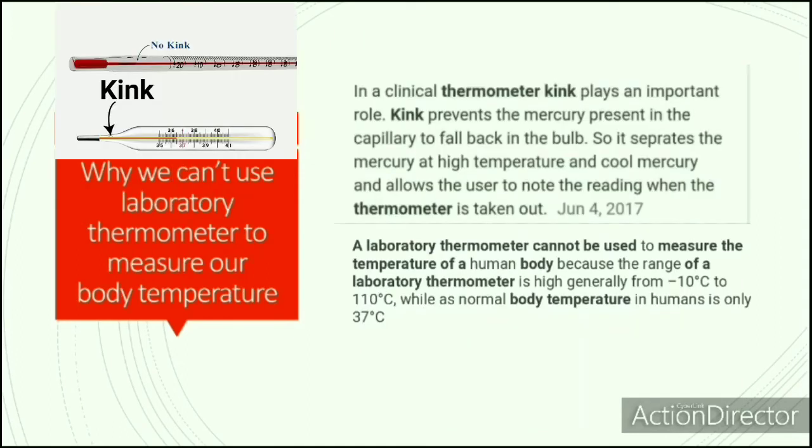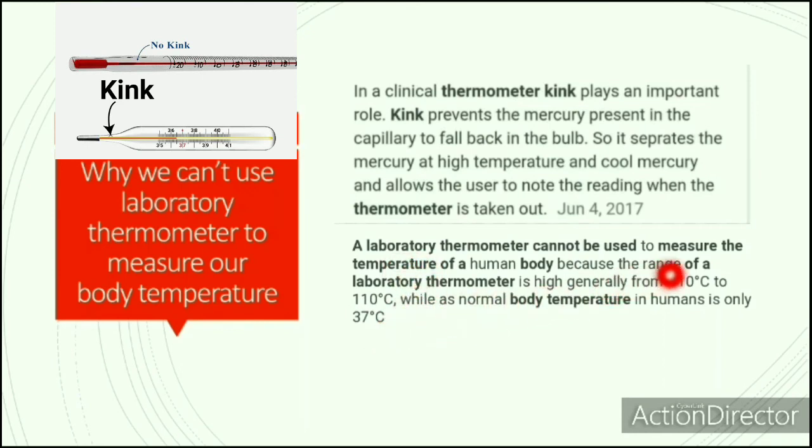Now, why can we not use a laboratory thermometer to measure our body's temperature? Because in a clinical thermometer, there is a kink, but in a laboratory thermometer, the kink is not present. The kink prevents the mercury present in the capillary from falling back into the bulb. So it separates the mercury at high temperature from the cool mercury and allows the user to note the reading when the thermometer is taken out.